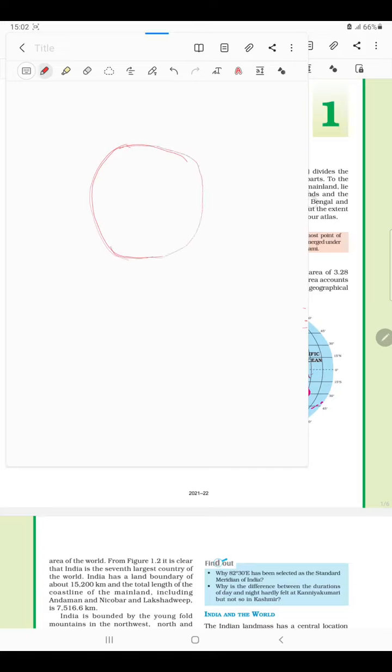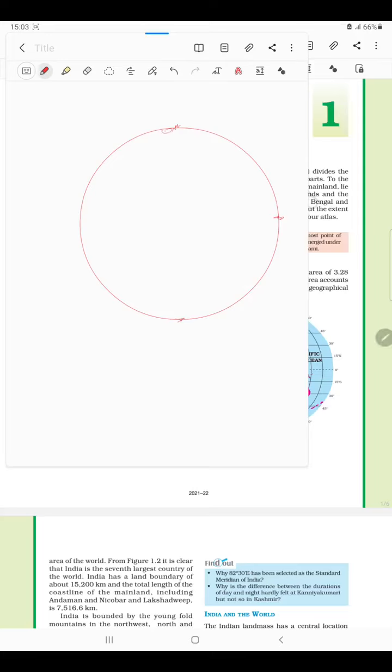It is not an exact circle. You already know the globe bulges in the middle part and is flat at the poles. But here, just to understand latitude and longitude, I draw this type of diagram only.